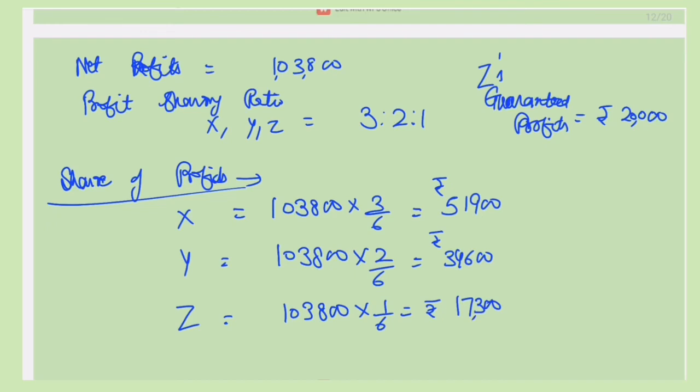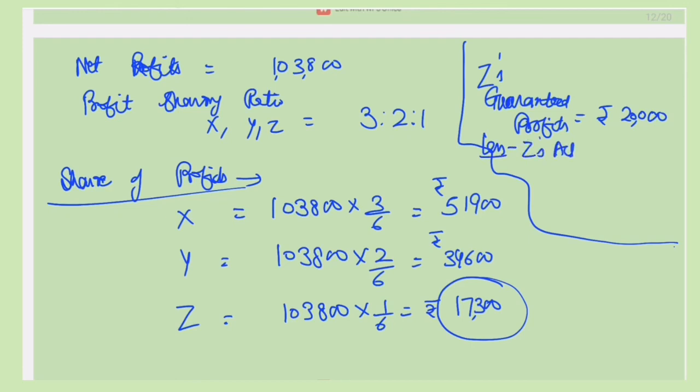Now if we compare Z's guaranteed profits, that is rupees 20,000, and Z's actual share of profits, that is 17,300, we'll see here is a deficiency. So Z's guaranteed profits, we will deduct Z's actual share of profits from it. Z's actual share of profits is 17,300. Now we calculate.